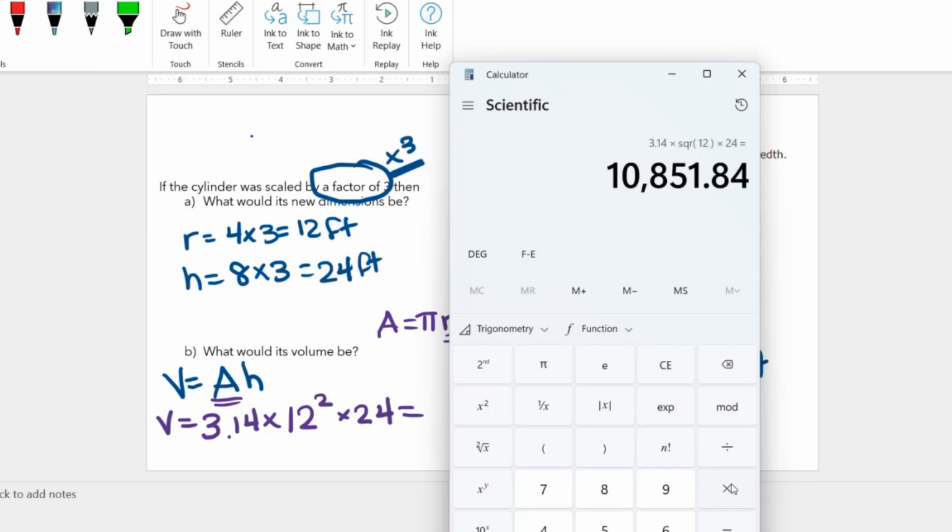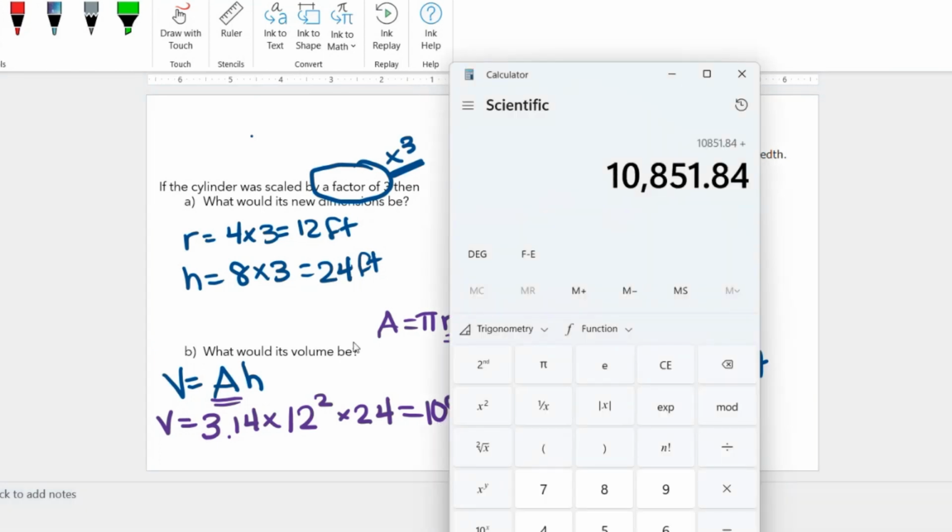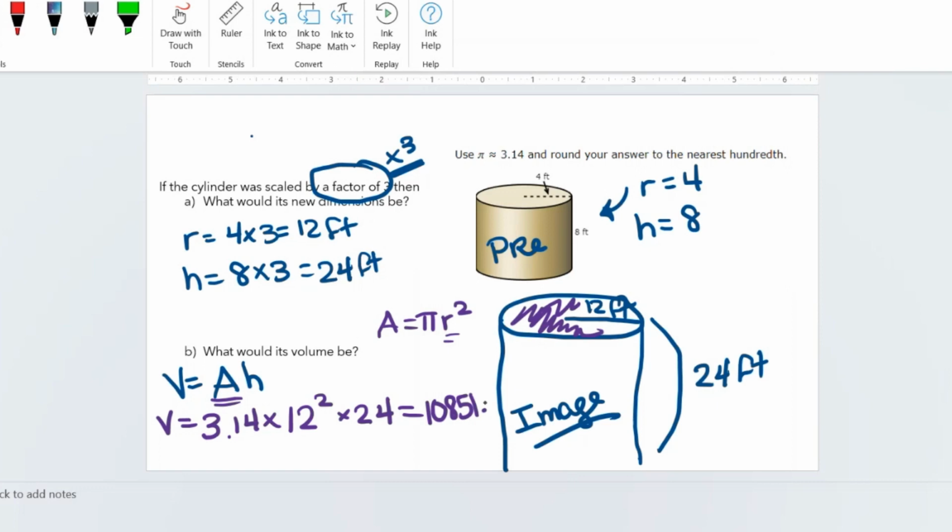And we get 10,851.84. Let me write all that down: 10,851.84. And this would be feet cubed.